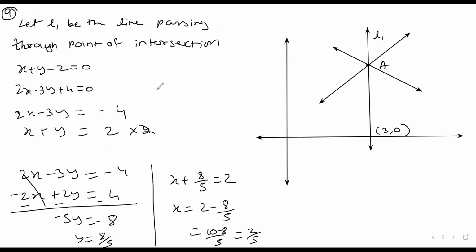See, we want the equation of line L1, which is passing through the point of intersection of two lines. These two lines are x plus y minus 2 is equal to 0 and 2x minus 3y plus 4 is equal to 0. अगर ये लाइन L1 उससे पास हो रही है तो वो उसके पॉइंट ऑफ इंटरसेक्शन से पास हो रही है, तो हम लोग ये पॉइंट ऑफ इंटरसेक्शन निकाल सकते हैं by solving these two equations simultaneously.